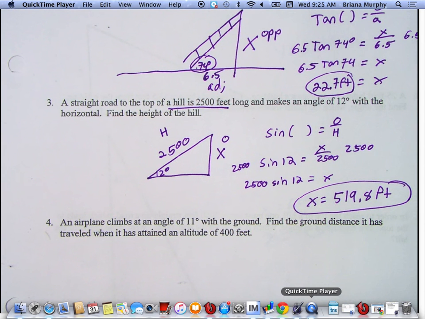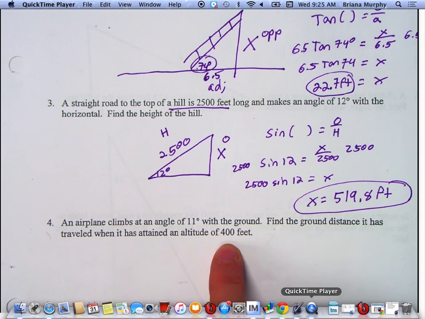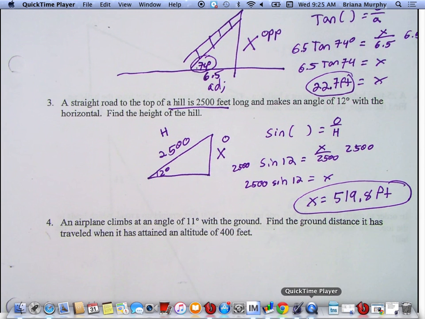So you want to draw in your picture, label the 11 degrees and 400 feet. If you're done with that, label it opposite, hypotenuse, or adjacent. If you're done with that, pick sine, cosine, or tangent. Okay, let's read it one more time. An airplane climbs at 11 degrees with the ground.